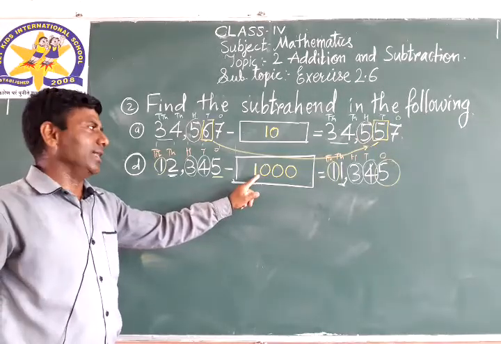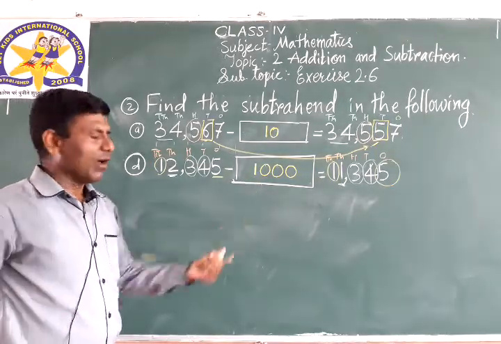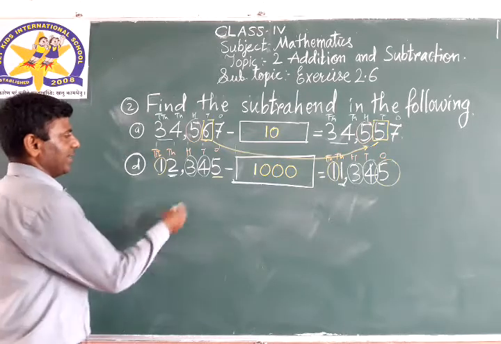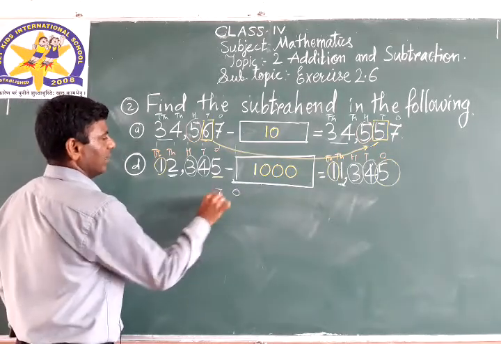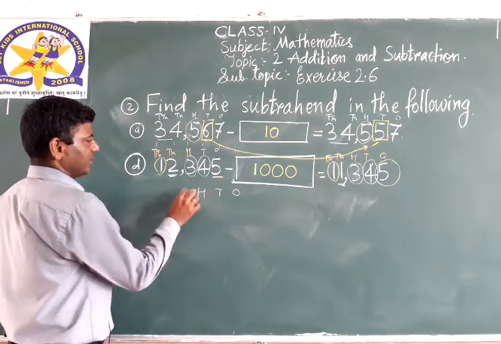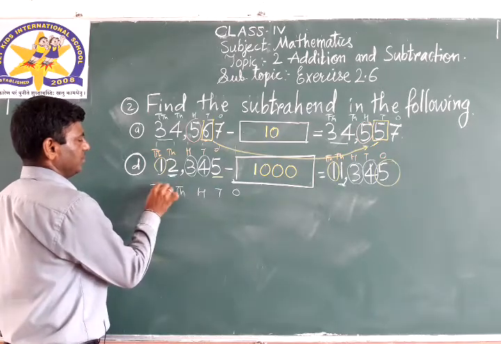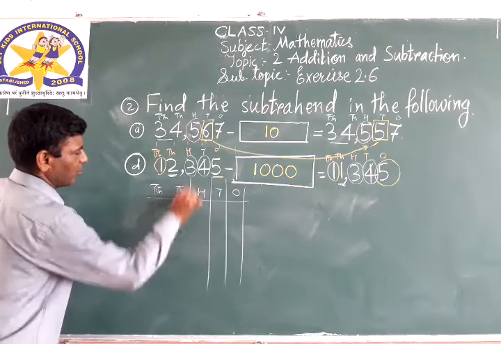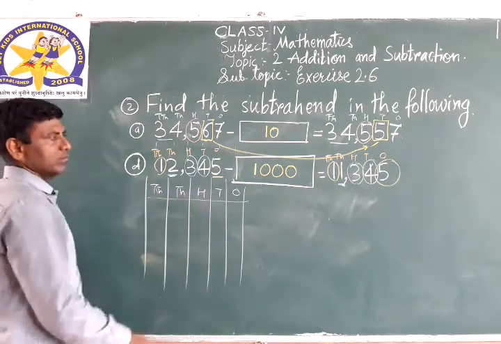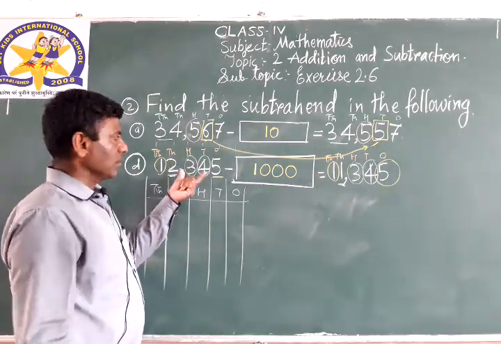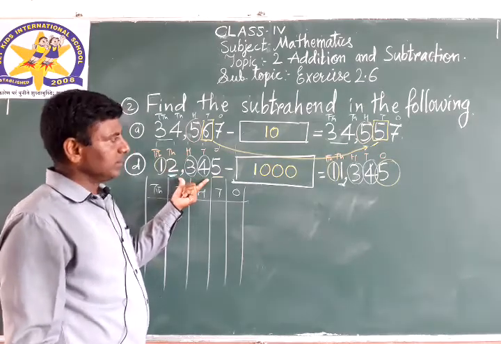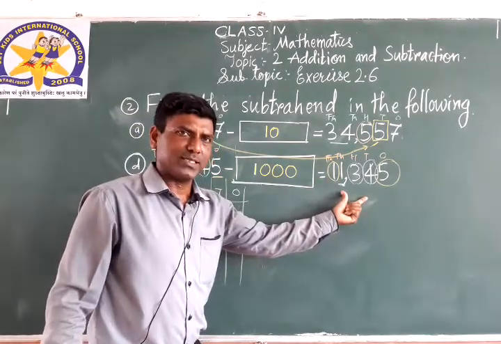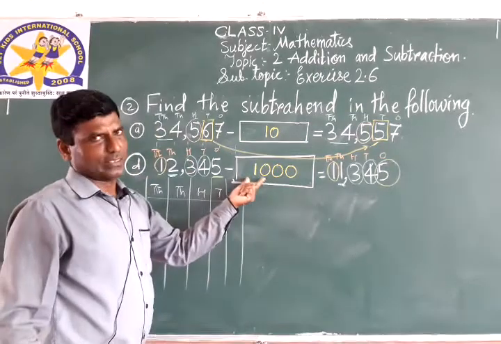Understand? This is the easiest method. Or else you can write it in columns and solve, step by step. But here what you have to do? Minuend minus difference, then you will get the subtrahend.